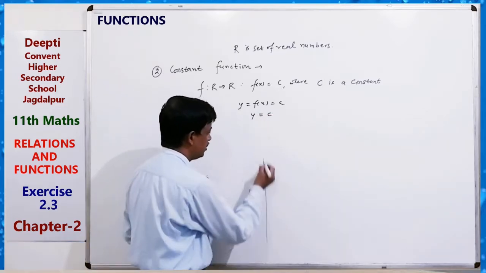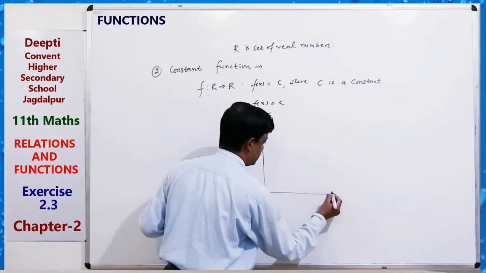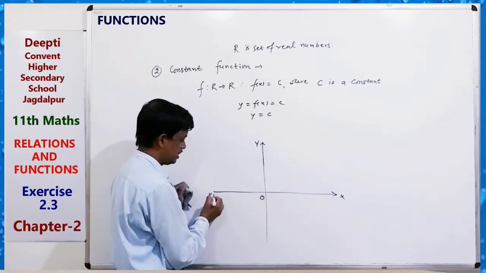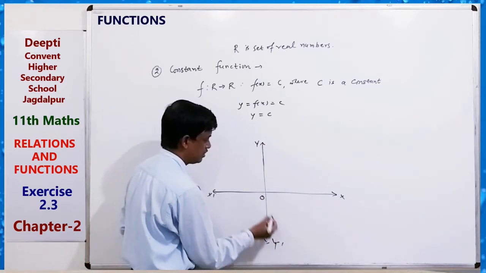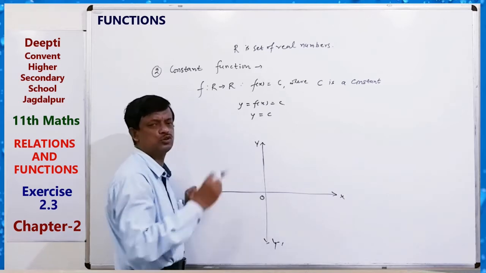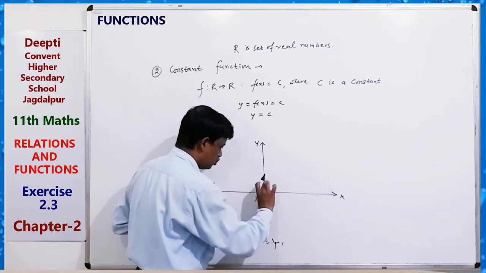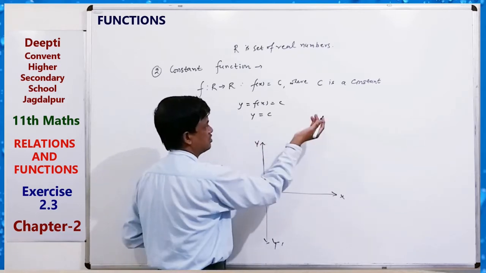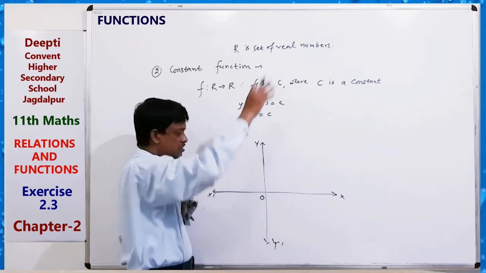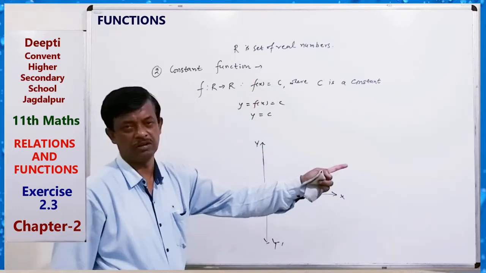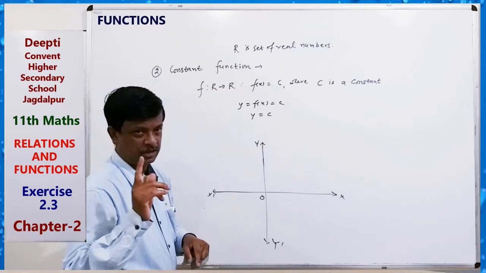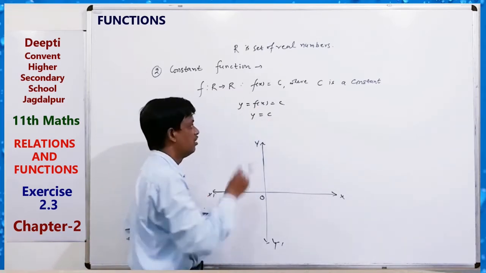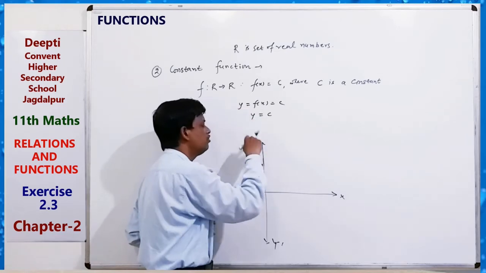So the graph may be drawn like this. This is the x, y axis, origin, x dash, y dash. y equals some constant. Suppose y equals 2. Then y equals 2, or 3, or 1, anything. So always y equals C for all x. x may be any value. That is the domain, all real numbers. And the range: x may be any value, but y will be equal.